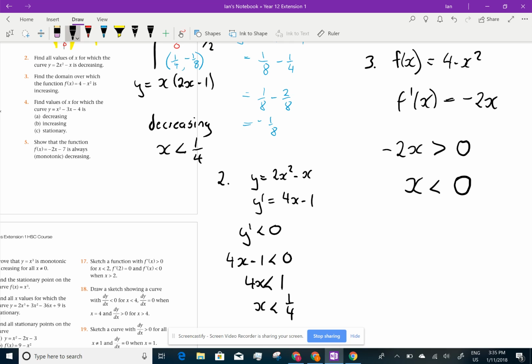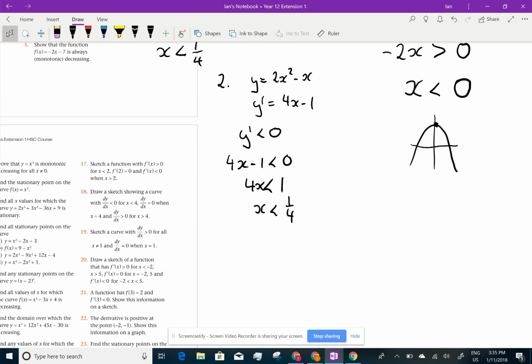That was a bit of a tricky one. I better check that. I could really draw it. I know it's a negative parabola moved up, so it looks like this. Yep, and it's increasing, it's going up until 0.